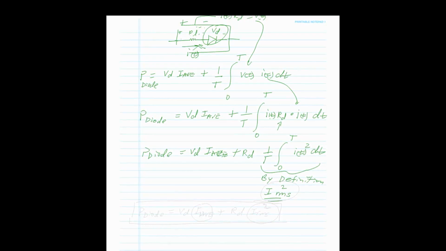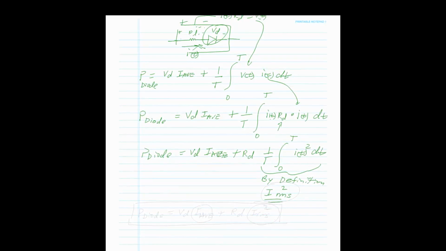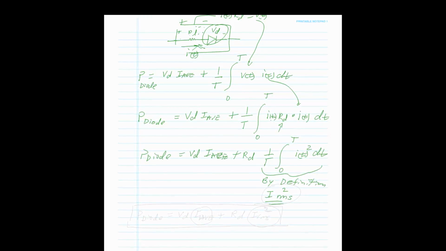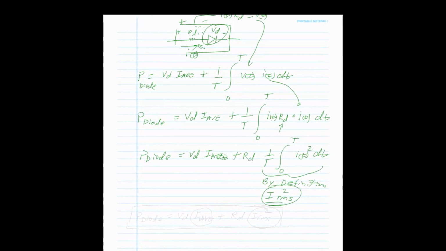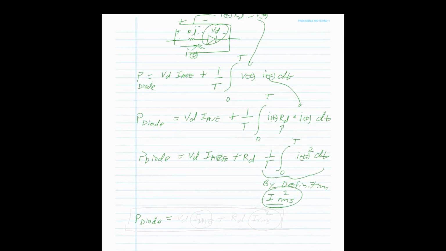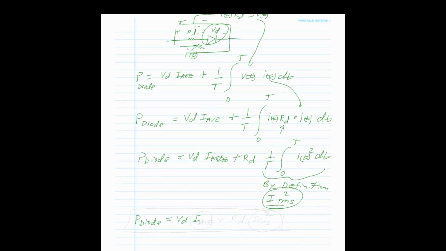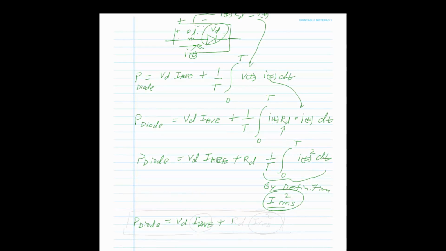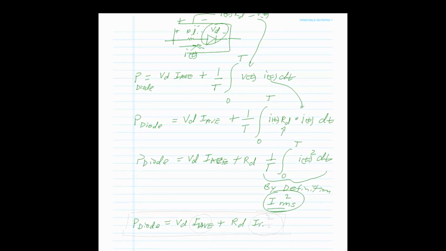Somebody came along and said, I want to define this as IRMS squared. Therefore, the power dissipated in the diode is equal to VD times the average current plus RD times IRMS squared.